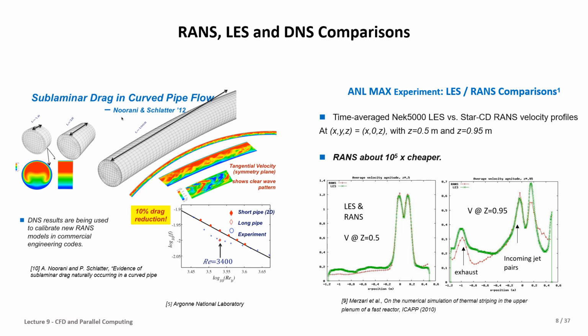Another example is on the left-hand side. It's from sublaminar drag on a curved path flow. In this example also, there were results from the experiment and also the RANS simulation. RANS presented in some points a 10% drag reduction, which is not correct, and to correct the RANS model and make a calibration, they used the DNS result.